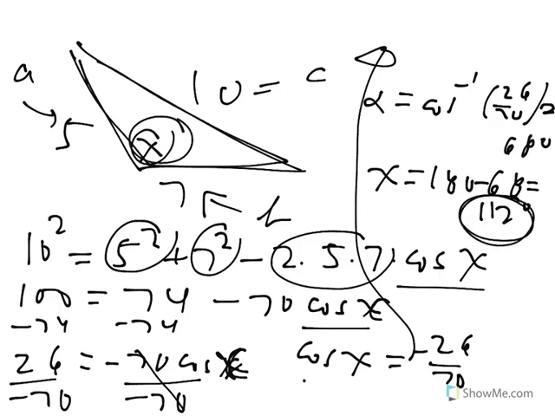So there's only one answer to that question, which is 112. This question here would have two answers if I needed all the answers between 0 and 360, but I don't. I only need the answers between 0 and 180. And that's the law of cosines.